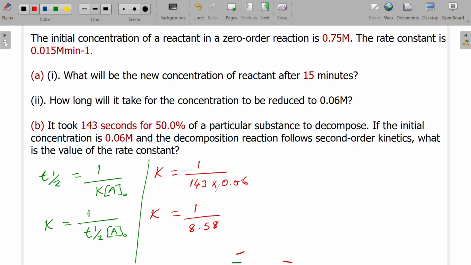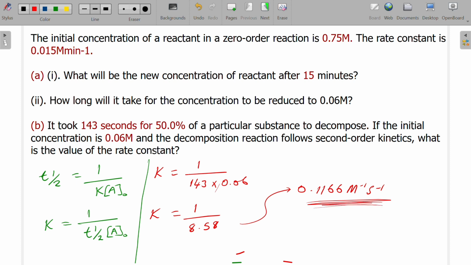And when we do 1 divided by 8.58, this is giving me 0.1166. This will have the units of M to the minus 1, s to the minus 1, which are the units for a second order reaction. So 0.1166 per molar per second is the value of our rate constant.